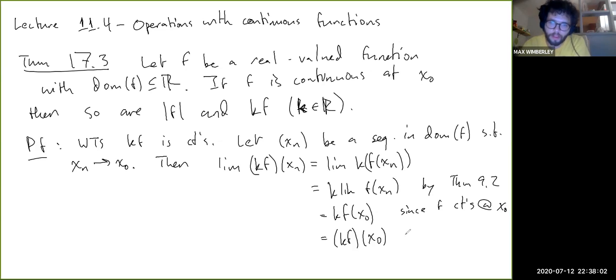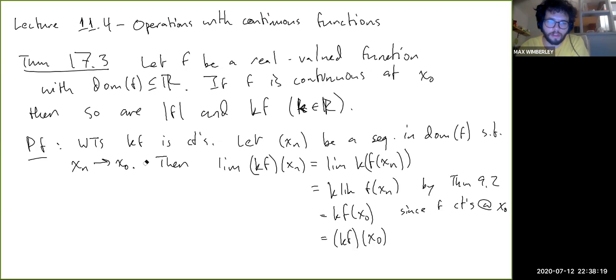And then k times f of x naught is the same thing as kf of x naught. So that shows the kf part.